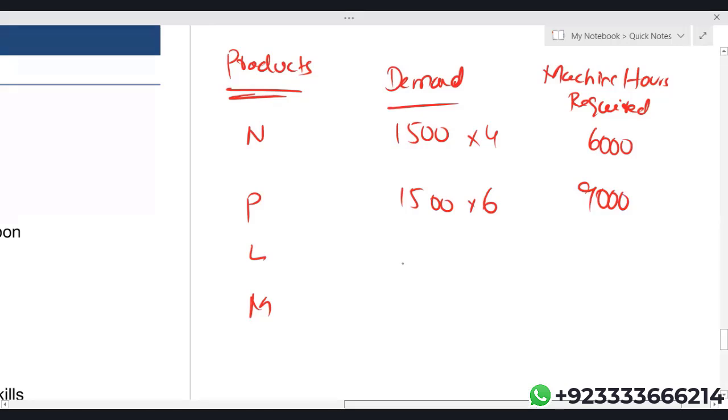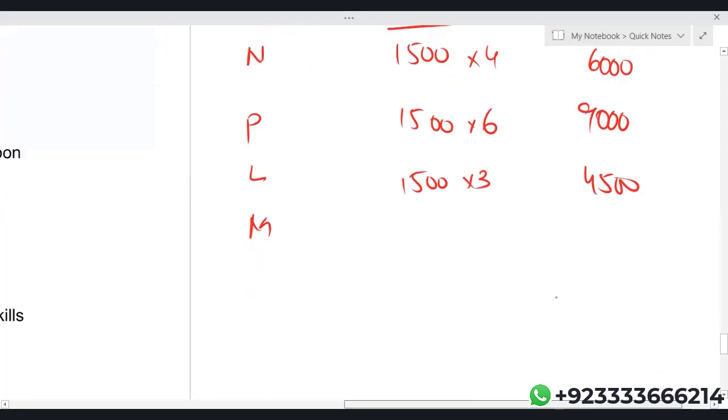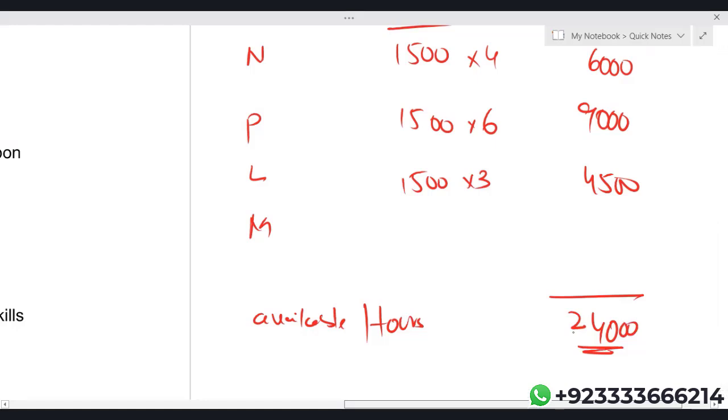L needs 3 hours. Now, actually available hours. We have 24,000 hours. How much have we used? We have used 6,000 plus 9,000 plus 4,500, so we have utilized 19,500 hours.